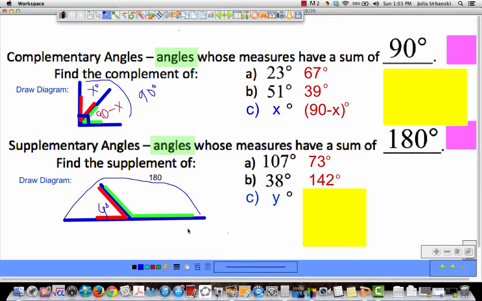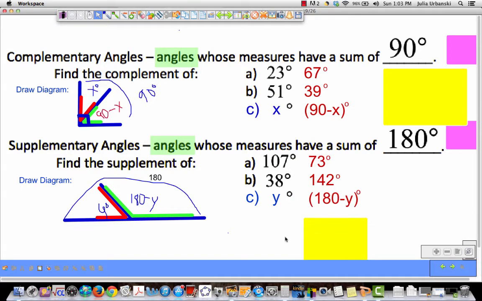You would take your straight line of 180 degrees and you would subtract what you know, y. So it would be 180 minus y. And I know it looks weird because it's got that letter in there, but you'll have geometry. We're going to be using some numbers, but some letters and just logic that goes along with the rule that we've already been doing.